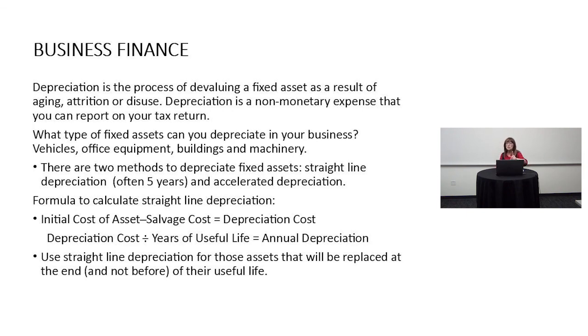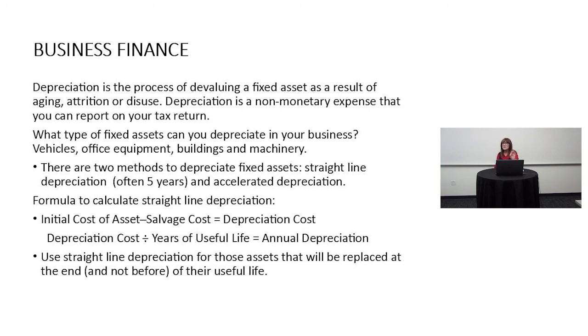There are two methods to depreciate fixed assets. One's called straight line depreciation, often 5 years, and there's one called accelerated depreciation. So we're just going to give you an idea of what straight line depreciation looks like.